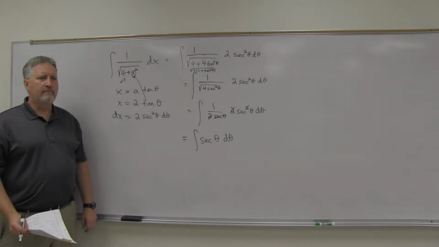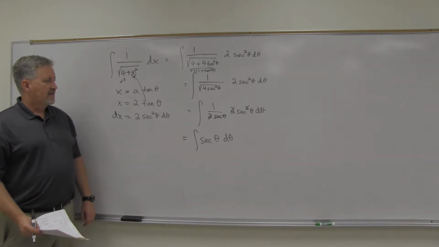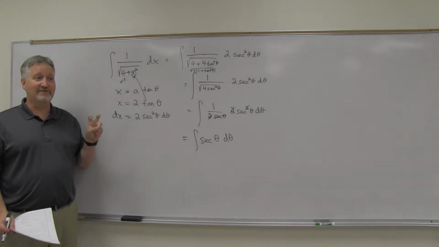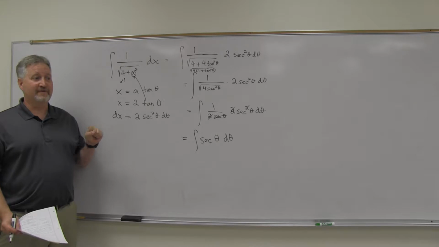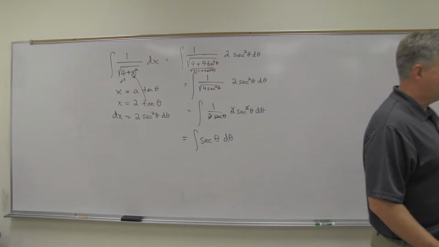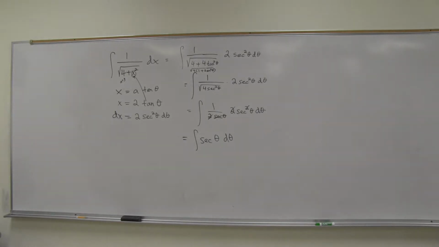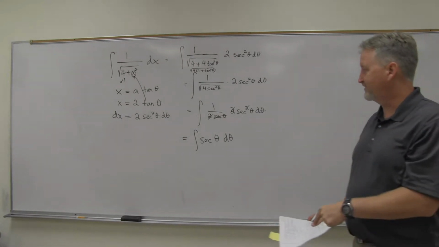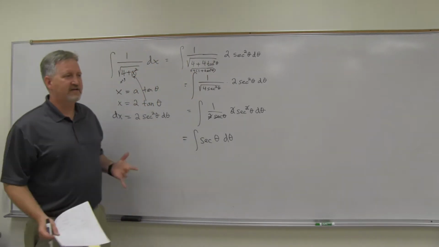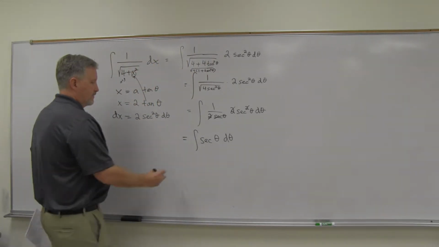All right. This one we can actually, I won't call it cheat, but we can actually go to the answer on this one, because if you take your formula sheet out, you see the integral of secant x dx on the sheet. Yeah, that one's on the formula sheet. So that's actually one that we'll use.